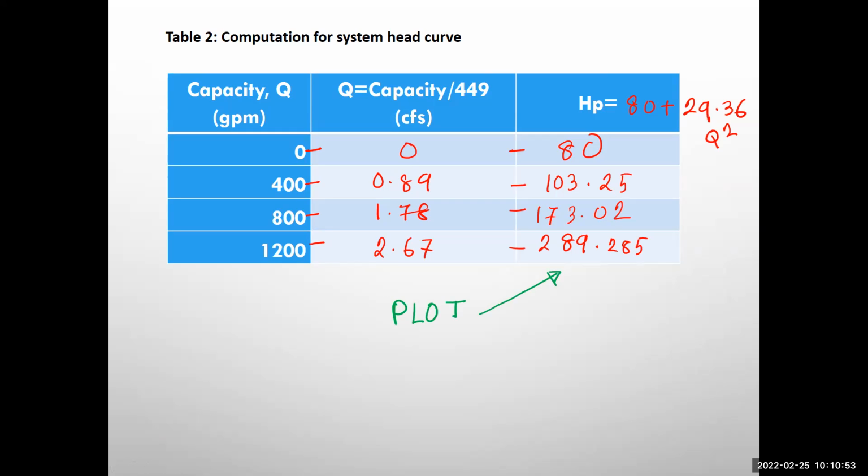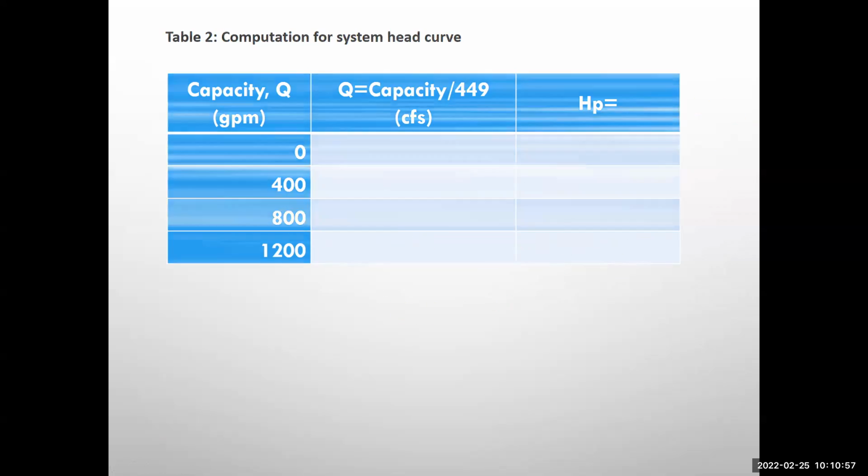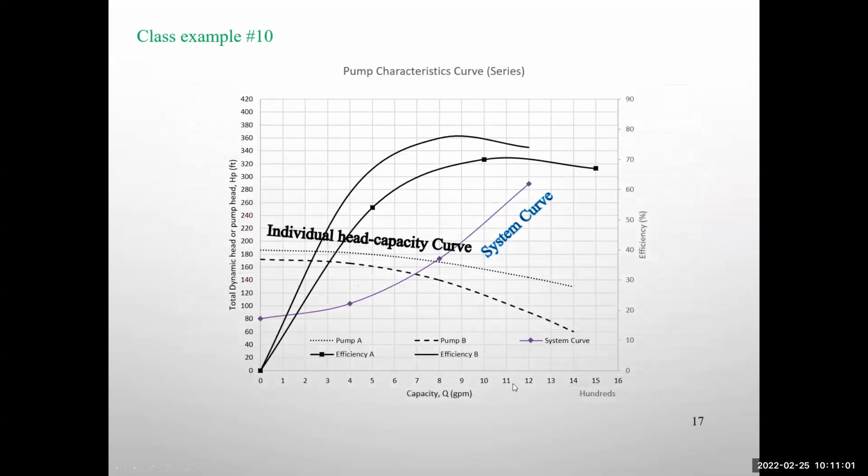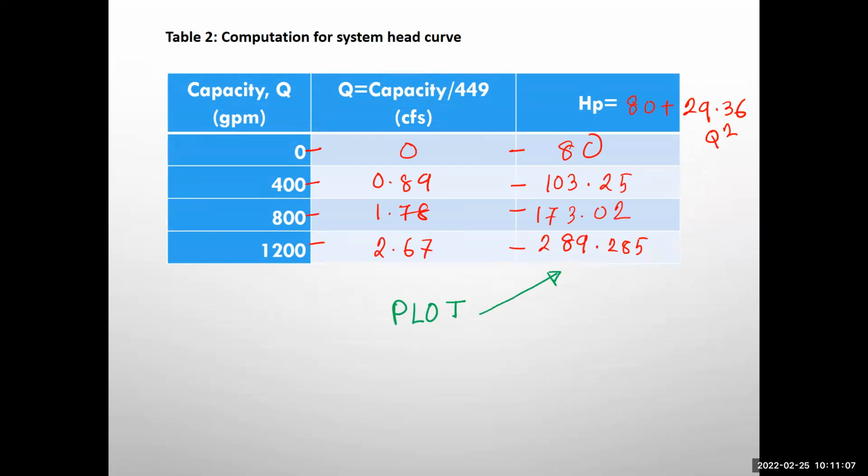The GPM. CFS one is for calculation purpose, but the GPM is only because we have the plot I already gave you that is in GPM. So that's why you should plot everything in GPM. So plot these two for system curve, okay?